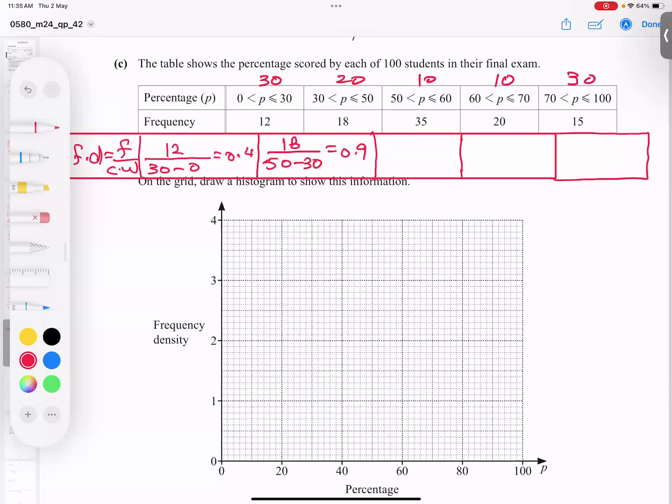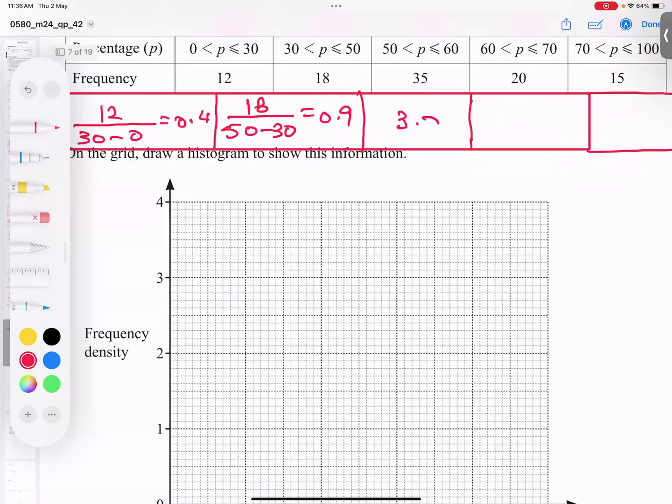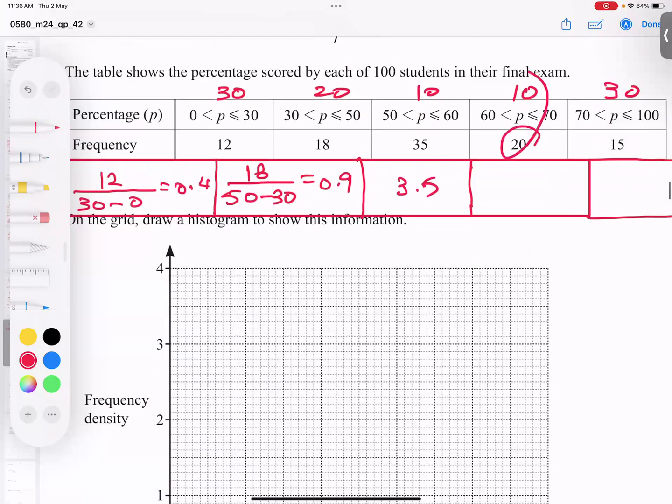In this way, the chance of mistakes reduces. 35 by 10, I got 3.5. 20 by 10, I got a half. 15 by 30, again I got a half. I believe you got the point very well.